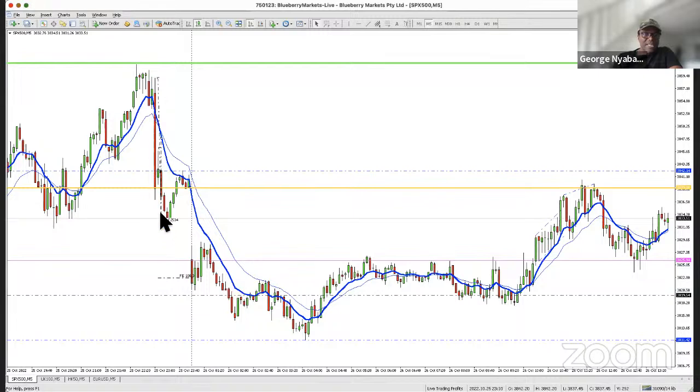So there is the first leg up to where that candle ended. And there is a pullback. Let's just do that. So I am starting the first leg there, that high. And I'm ending that first leg at that low.